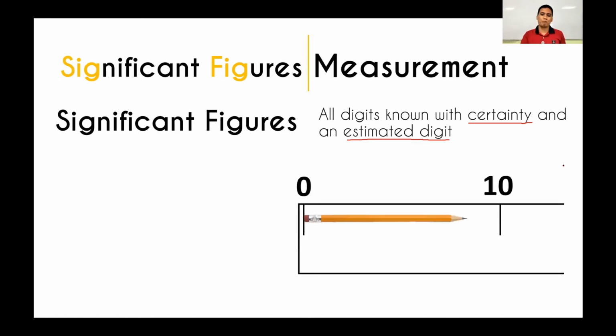So for example, in this ruler, you have a pencil. A pencil and a ruler which is calibrated by tens. So in this measurement, you are sure that the pencil is between 0 and 10 because this ruler is calibrated by 10, 20, 30, 40, and so on.